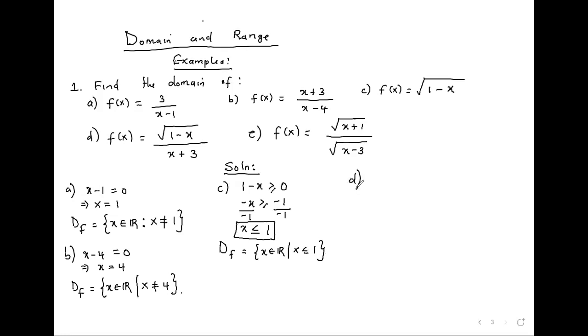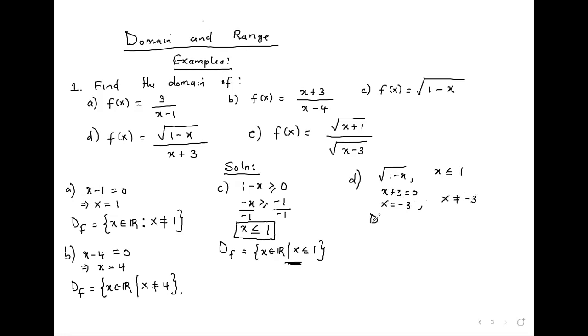Then for D, we have the numerator. For the numerator, we have said x must be less or equal to 1. Then the denominator also. So far we are saying for the piece 1 minus x, x must be less or equal to 1. For the piece x plus 3, equate it to 0. So you find x is equal to -3. For this piece, x must not be equal to -3.